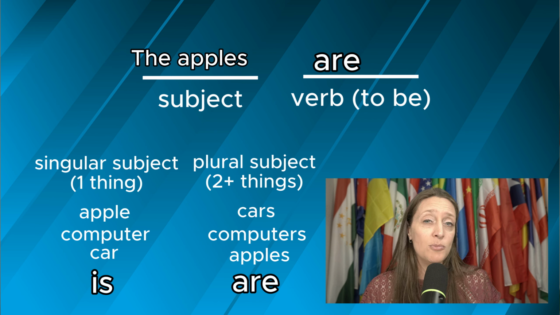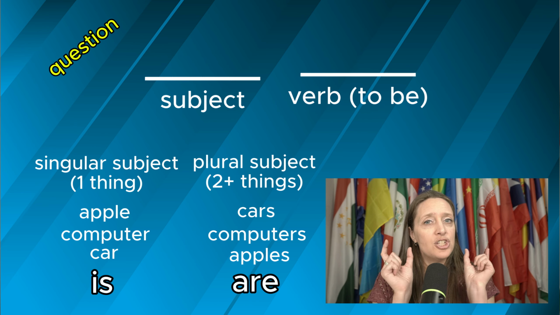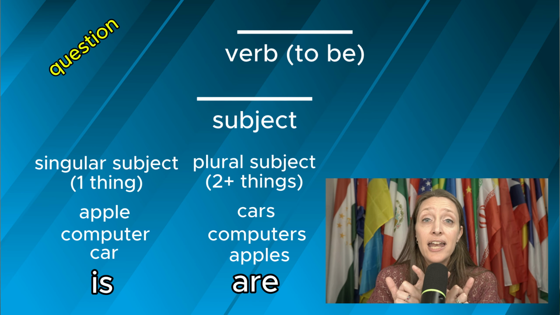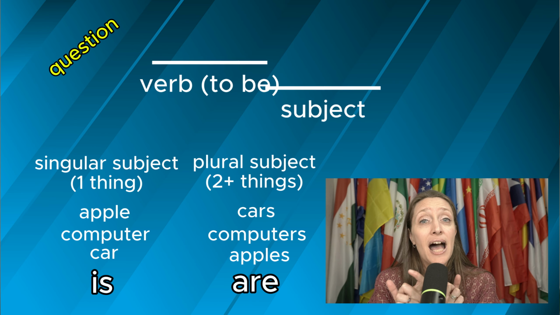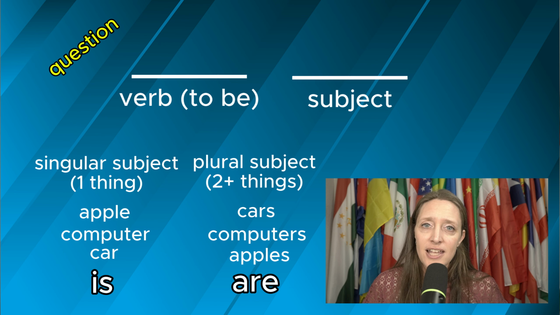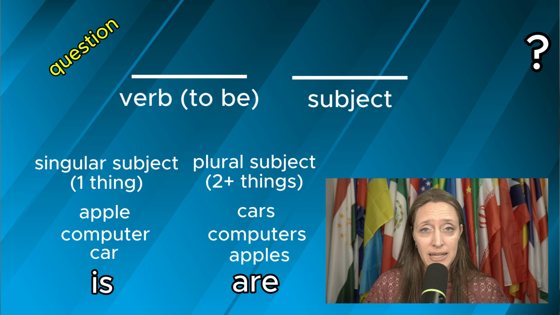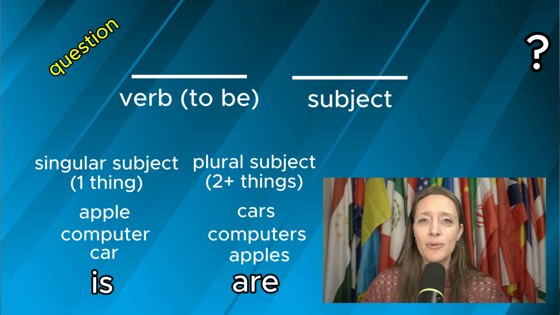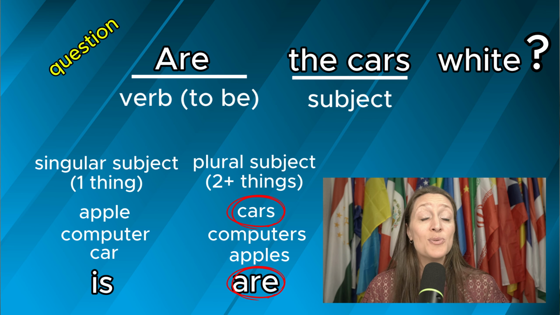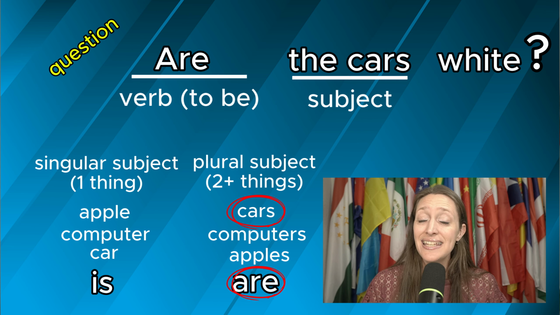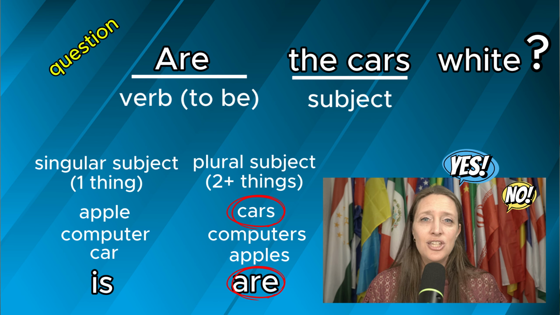So now remember, when you make a question, we have to change the subject and the verb to be. So remember, the verb to be comes in front of the subject when we make a question with the verb to be. For example, are the cars white? It starts with the verb to be. So this is a yes or no question. You can say, yes, they are, or no, they are not.